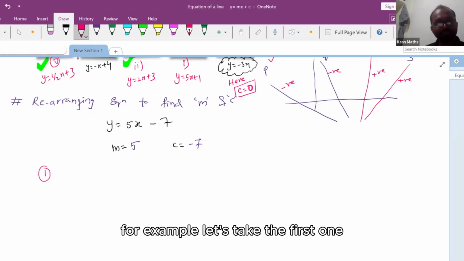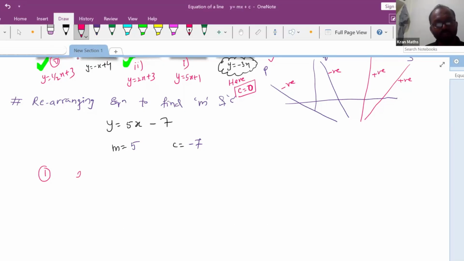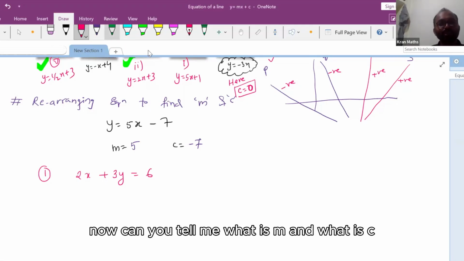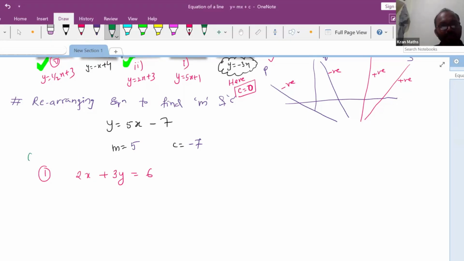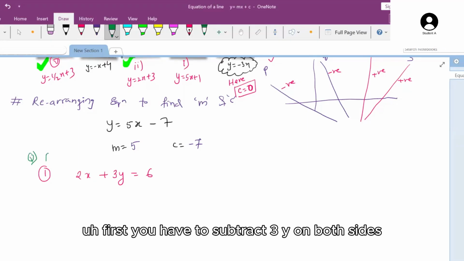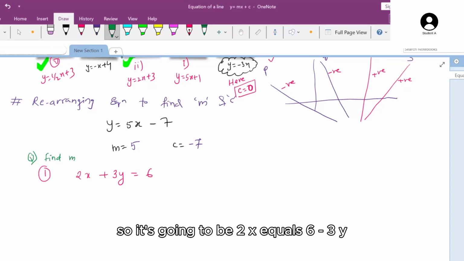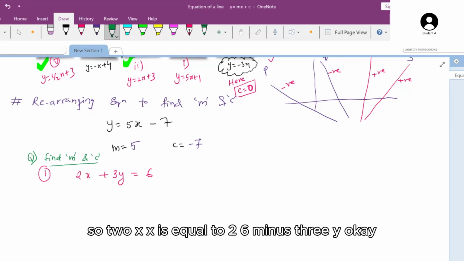For example, let's take the first one. Now, can you tell me what is M and what is C? First you have to subtract 3y on both sides. So it's going to be 2x equals 6 minus 3y.